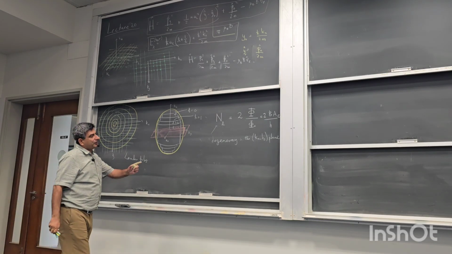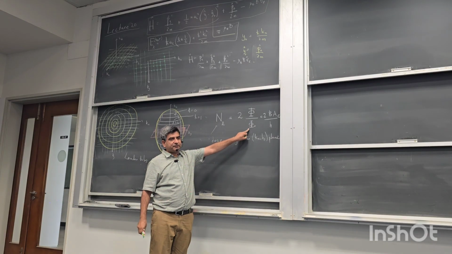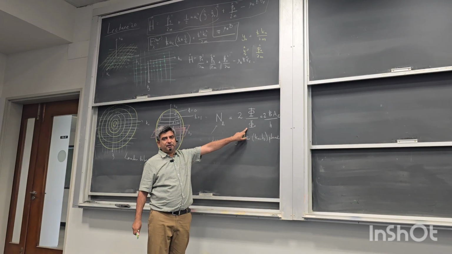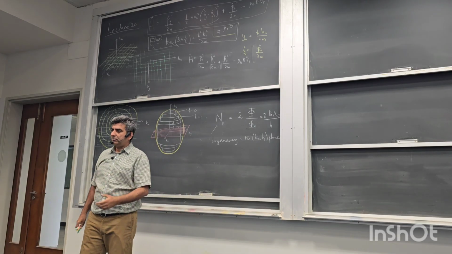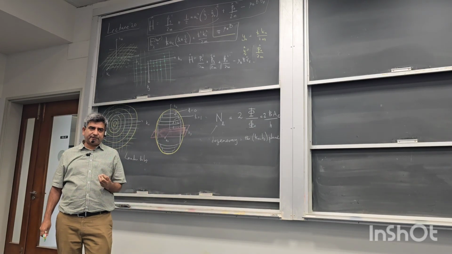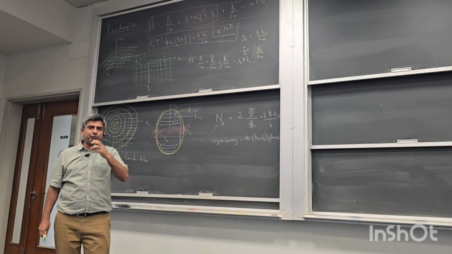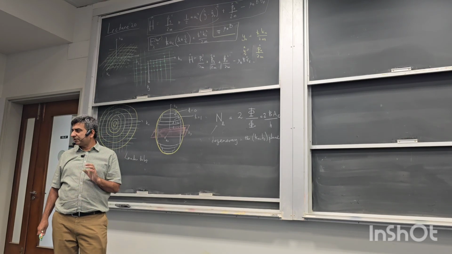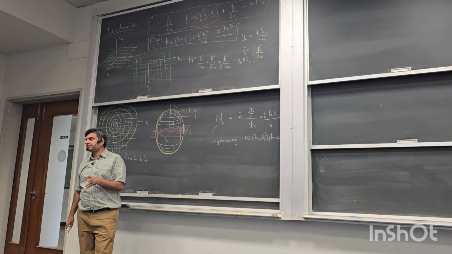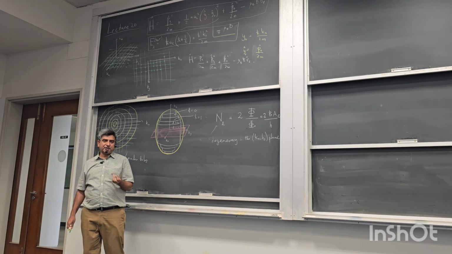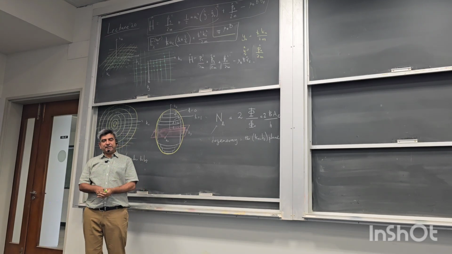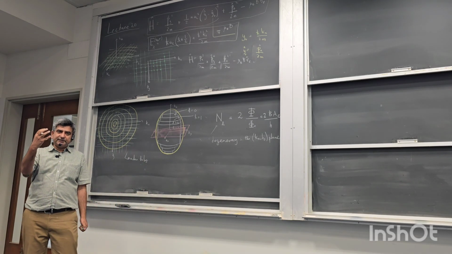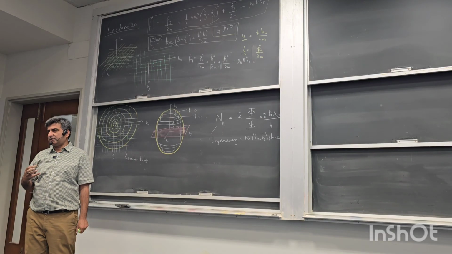First of all, one small digression: this phi naught is a constant, h over e. It has a certain value and it has dimensions of flux, Weber. So it's just like a fundamental constant. Just like we talk about the charge of an electron, the Planck constant, this is also a fundamental constant, similar to the fine structure constant. So this is the unit of flux. This is the smallest flux that you can ever get.